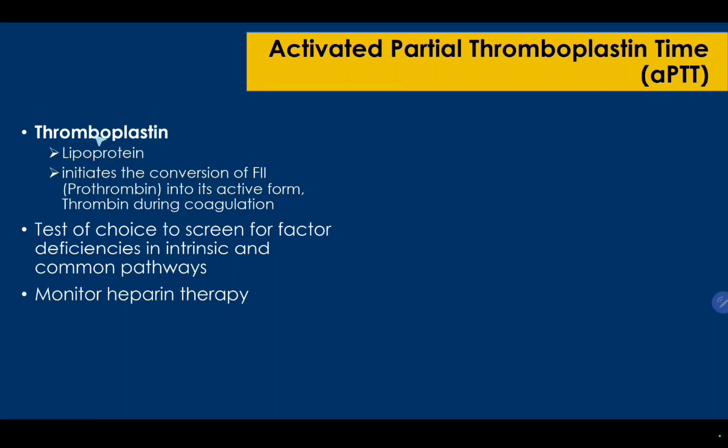Without the thromboplastin, formation of clot is not achieved and may indicate coagulation factor deficiency or presence of inhibitors or antibodies. So, your APTT measures the time required to generate thrombin and fibrin polymers via the intrinsic and common pathways. It is the test of choice to monitor individuals undergoing heparin therapy.